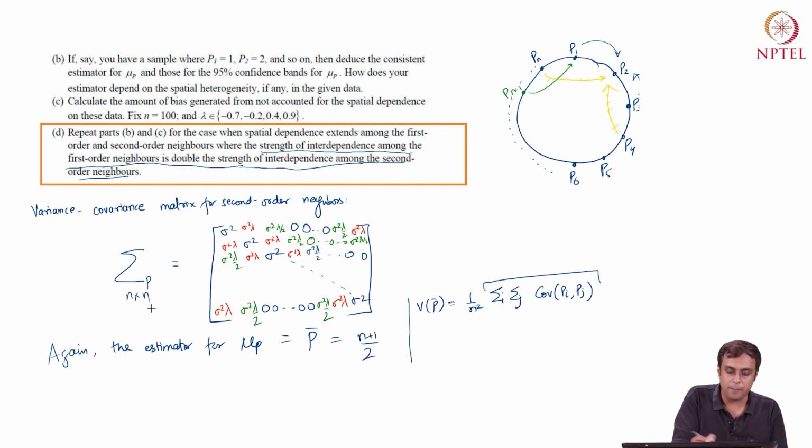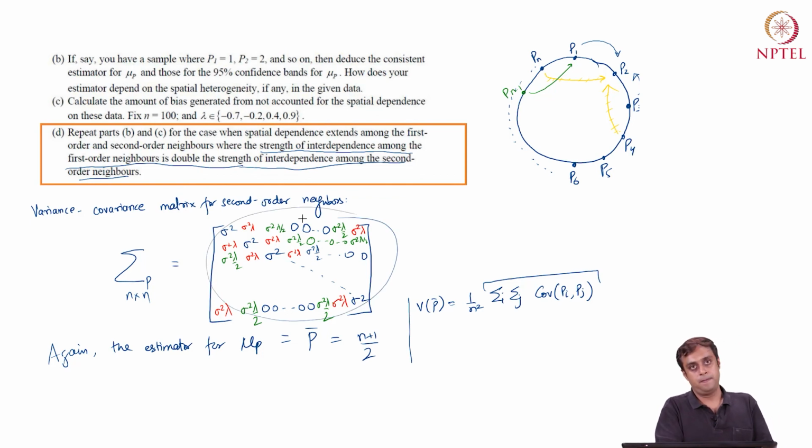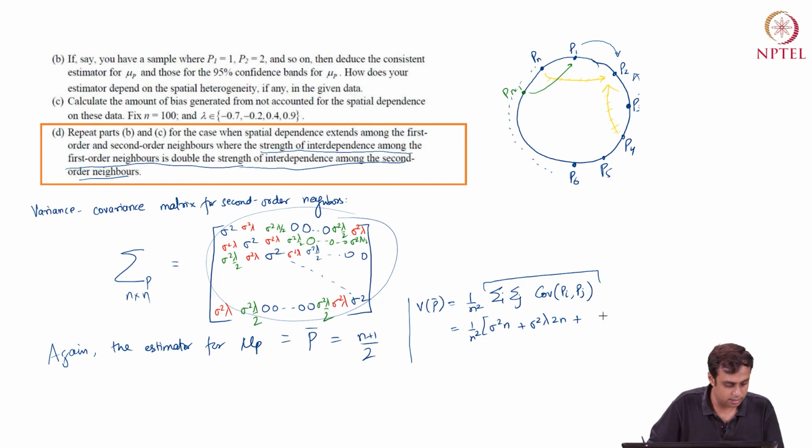If you sum them, what you're going to have is 1 over n squared, sigma squared appears n times, sigma squared lambda appears 2n times, and sigma squared lambda by 2 also appears 2n times.